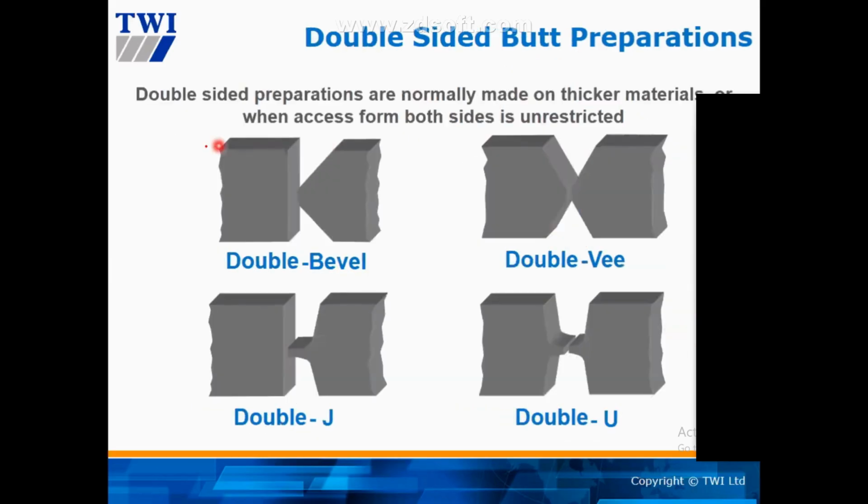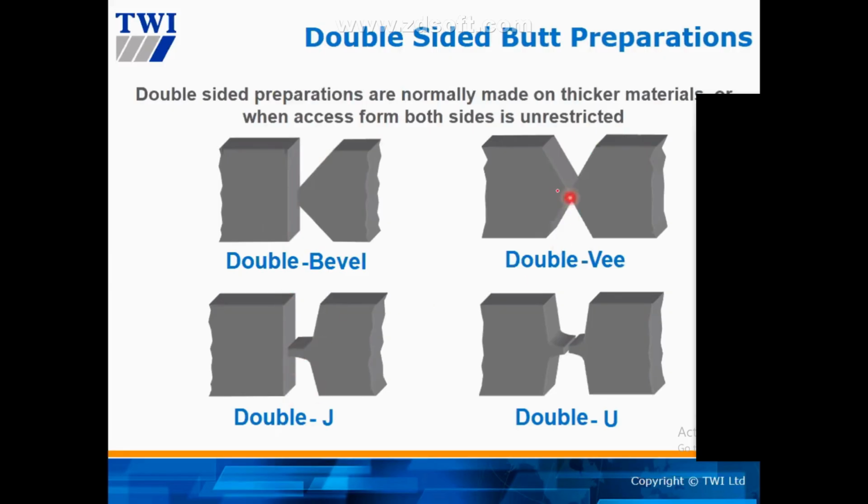All right. Then we talk about double-sided. Double-sided preparations are normally made on thicker material or when access to both sides is unrestricted. So we have double bevel here, top bevel, bottom bevel, one side square, double J, top J and bottom J, another side is square.